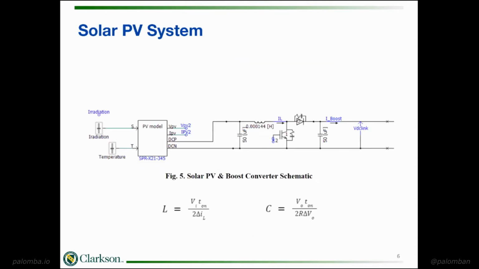Here we have a schematic of how we modeled the solar PV system and associated boost converter in PSCAD. So the solar PV array is sized for a rated power output of approximately 50 kilowatts, and it also uses the SunPower SBR X21 345 modules, which are each rated at 345 watts at standard test conditions.